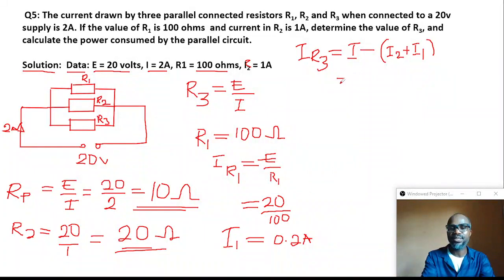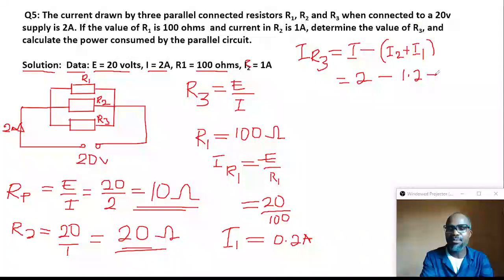So what do we do? We sum. Total current is 2 amps. We are going to subtract the sum of the currents, which is going to be 1.2. If you sum current flowing in R2, which is 1, plus current flowing in R1, which is 0.2, it will give you 1.2 amps.